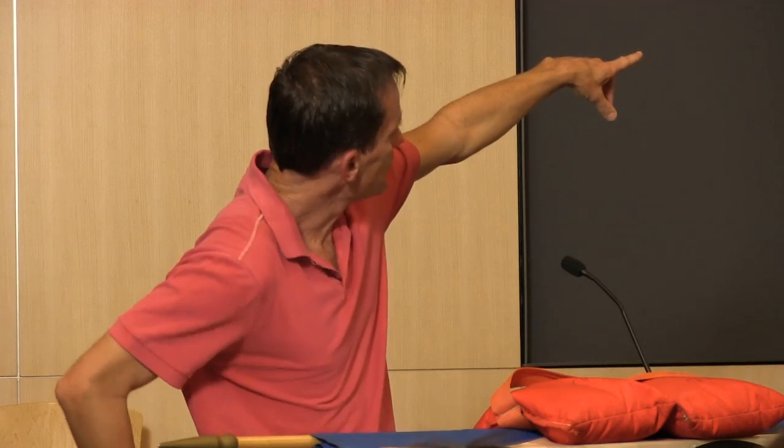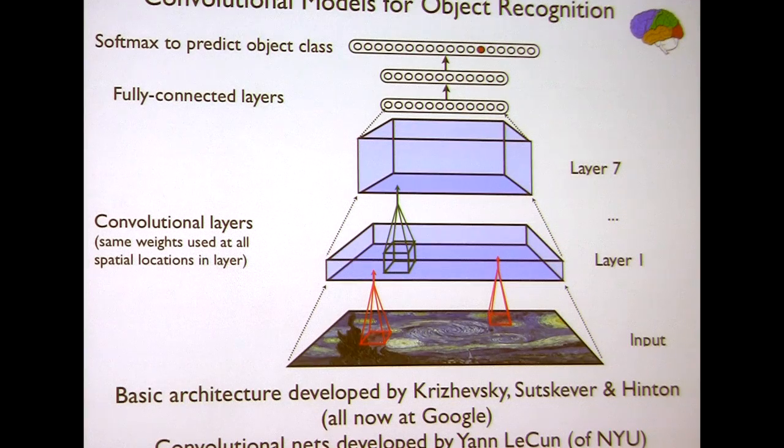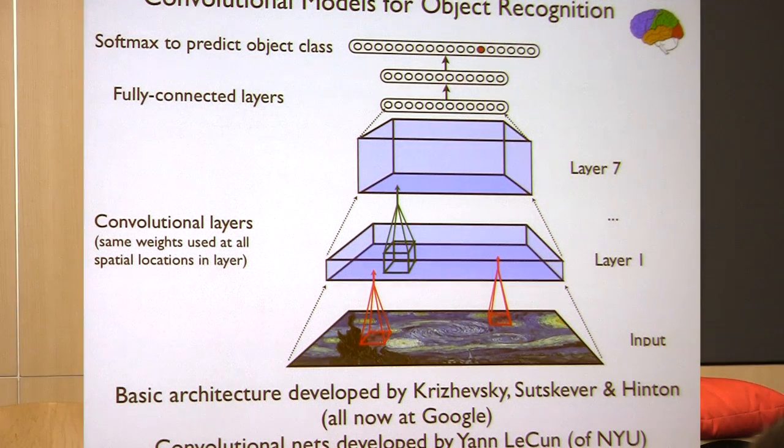And we're going to use a convolutional network, which was originally developed by Yann LeCun. And the idea here is, in the first experiment I showed you with the unsupervised training, the weights on the neurons were completely independent at different locations. In a convolutional model, that's not the case. You're going to keep the same weights within a layer and just apply those weights at all the different locations in that layer.